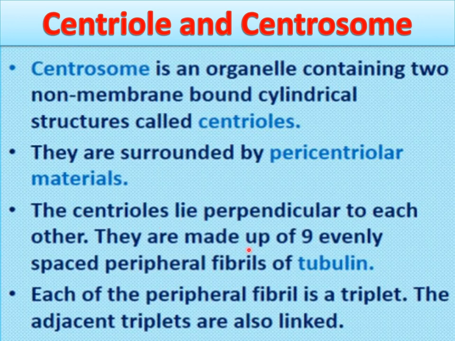They are made up of 9 evenly spaced peripheral fibrils of tubulin. So when the centrioles are present perpendicular to each other, the complete structure is called centrosome. Each of these centrioles is made up of 9 evenly spaced peripheral fibrils, which are made up of tubulin protein.